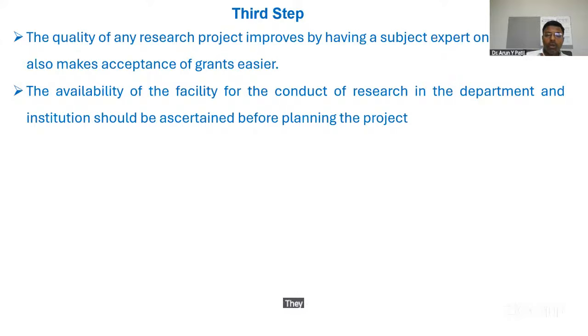They won't give equipment that easily to the principal investigator, unless and until they see there is a dearth of that equipment. There is no such equipment within the vicinity of a 100-kilometer radius, or even there are no such CSIR or IIT or NIT labs within that region.